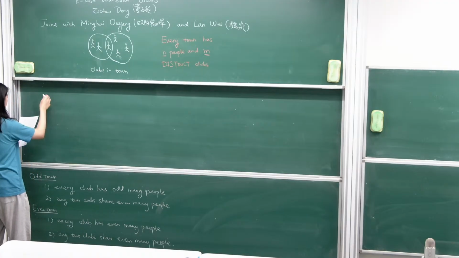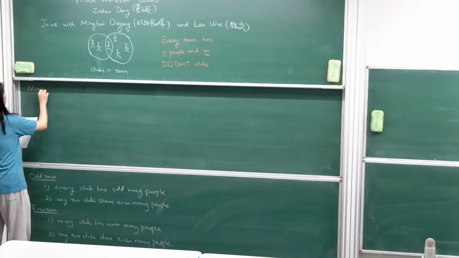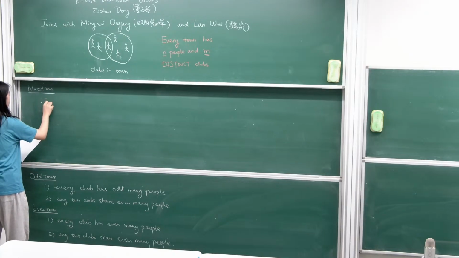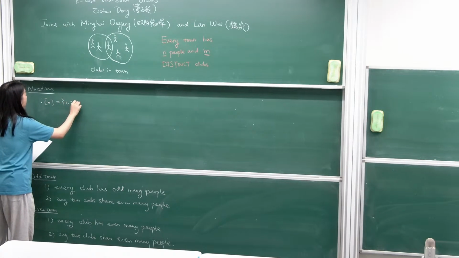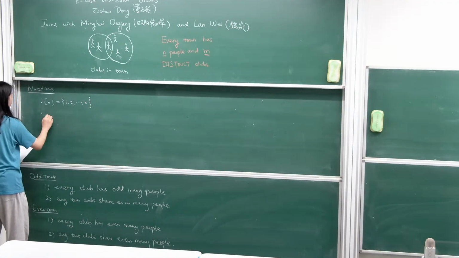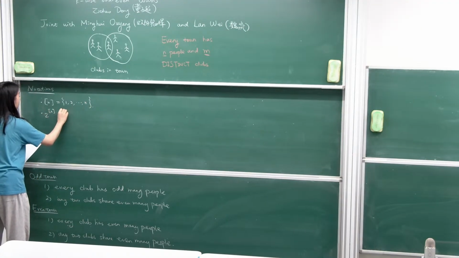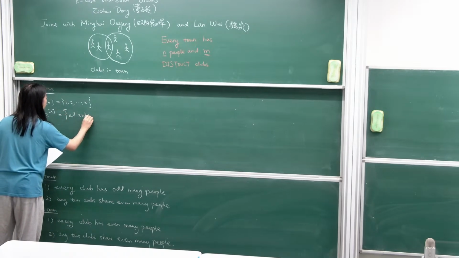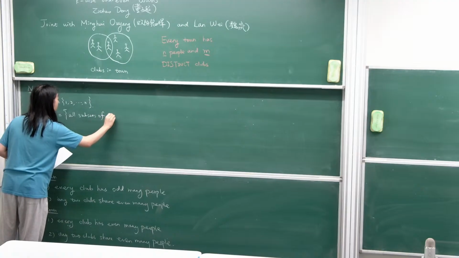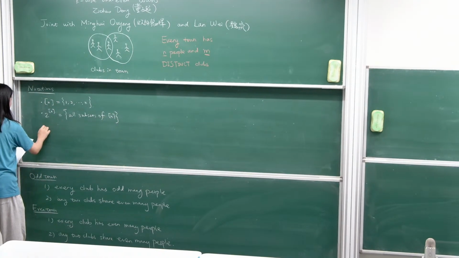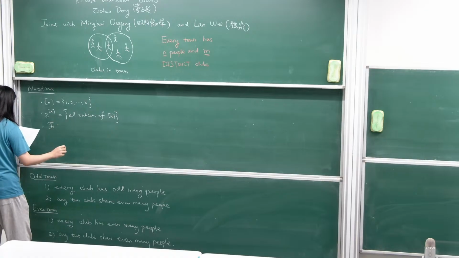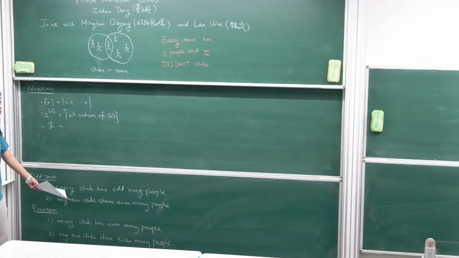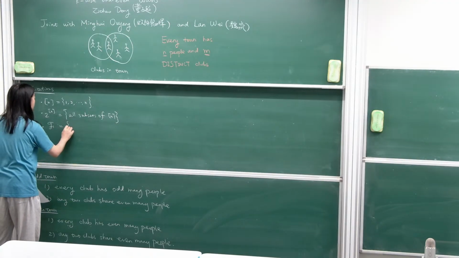Alright, let's fix some notations. So we have this bracket n, or 1 through n. We have this power set 2 to the n as all subsets of n. I always think about my set family, and the collection of all clubs can be viewed as a set family.